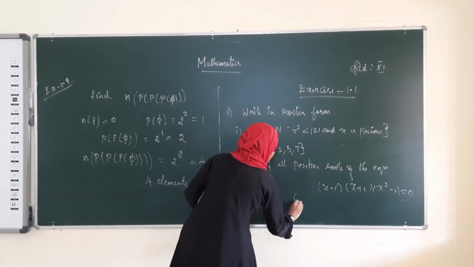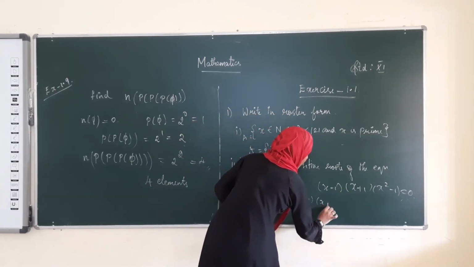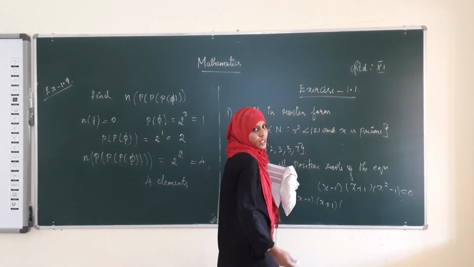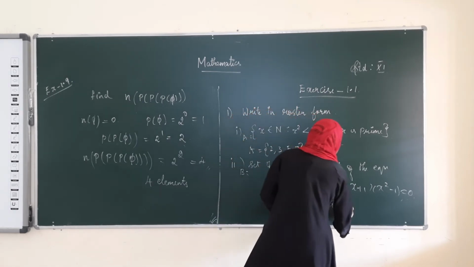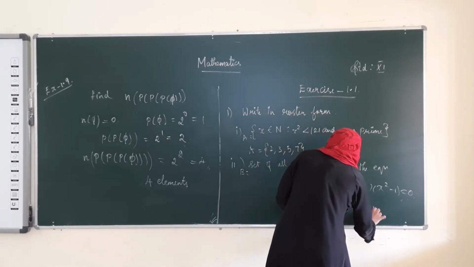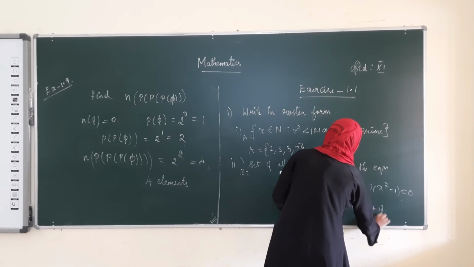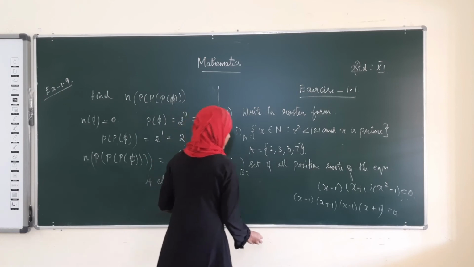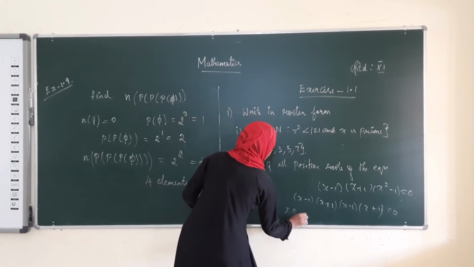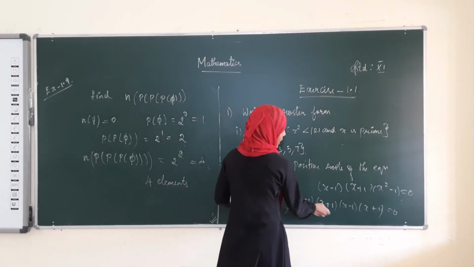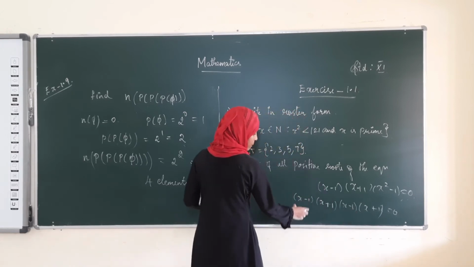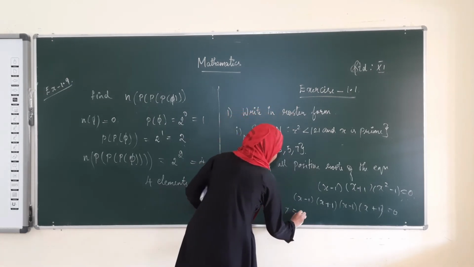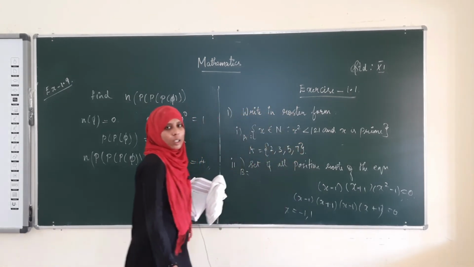See this, shall we expand this? Already they have given it in the expanded form. But see here, x square minus 1 is in the form of a square minus b square. That is x minus 1 into x plus 1 equal to 0. Therefore, when we equate each of these factors to 0, that is x minus 1 equal to 0, x plus 1 equal to 0, we get minus 1 and 1 as the answer.